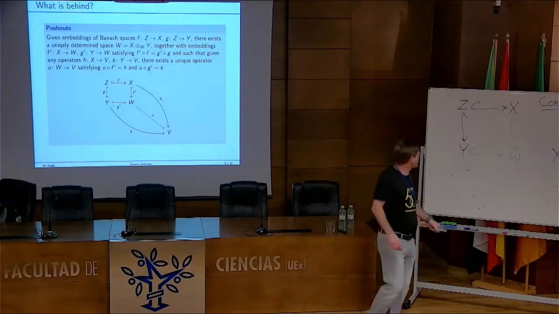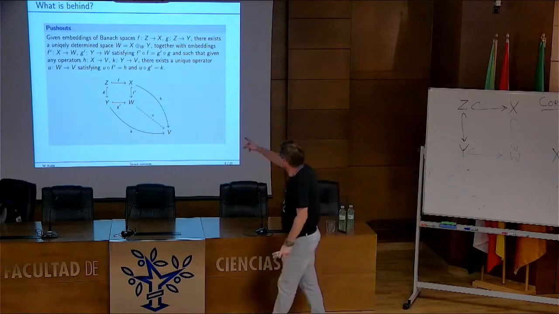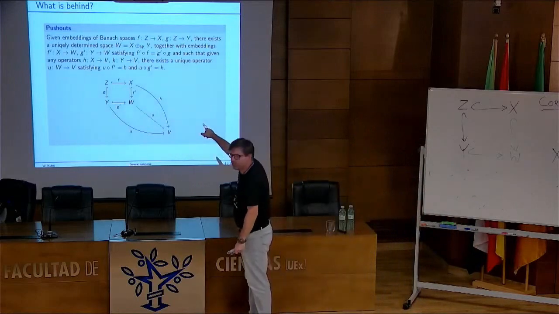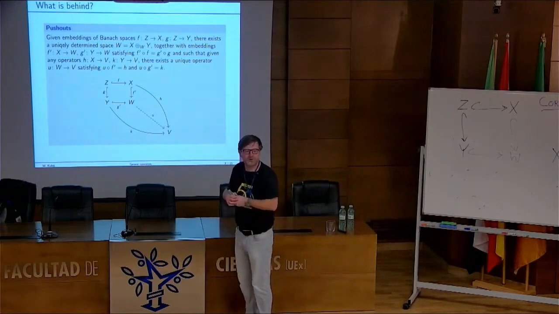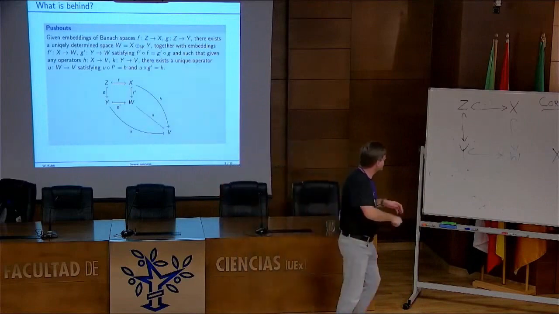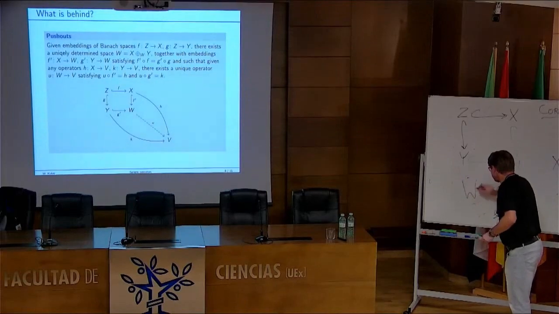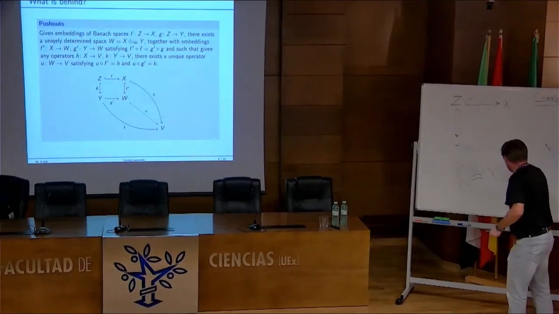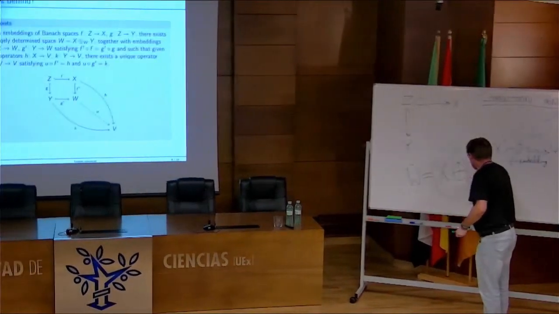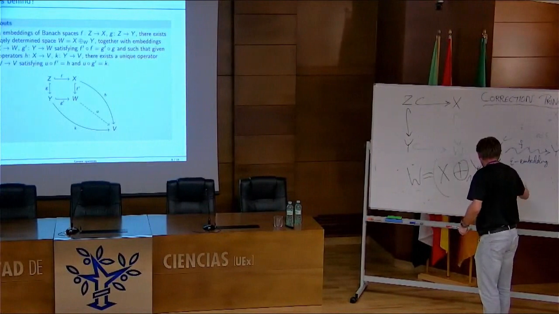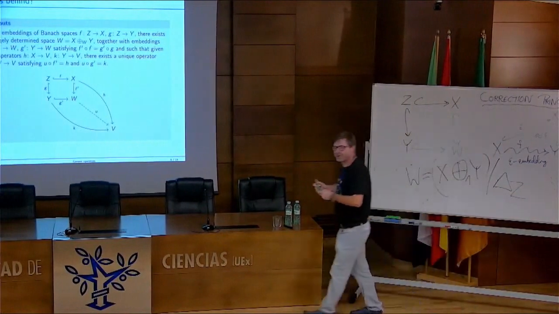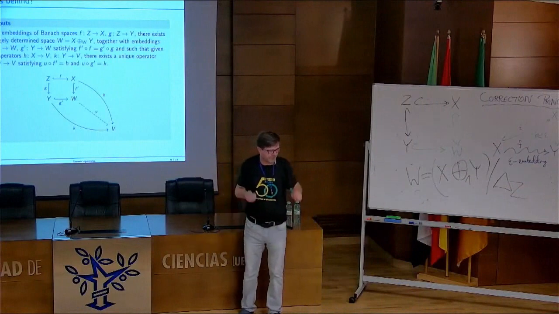And in Banach spaces, I use this symbol ⊕ with W, because this is indeed something like the L1 sum. This W is X plus Y with L1 sum divided by something which I could call delta Z. You have to identify points with these two embeddings.